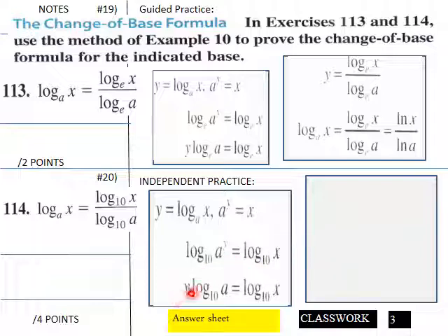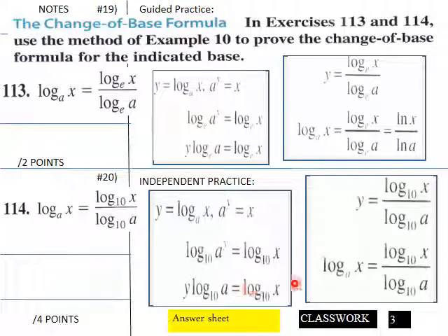Then we bring down our y: y log base 10 of a equals log base 10 of x. Then we divide through and end up with this. Then we plug back in our value for y: log base a of x equals log base 10 of x over log base 10 of a. So that would prove it.